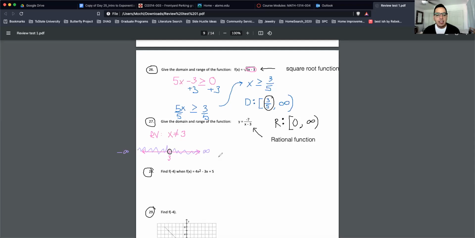So if you were to write this domain in interval notation, then we would have everything from -infinity to 3 and everything from 3 to infinity. And since these are disjoint, or disconnected, sets or intervals, we have to join them with a union.